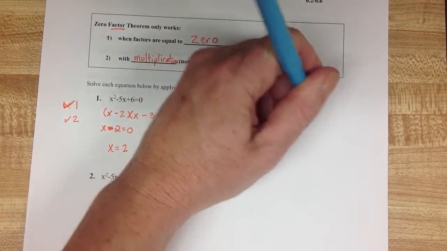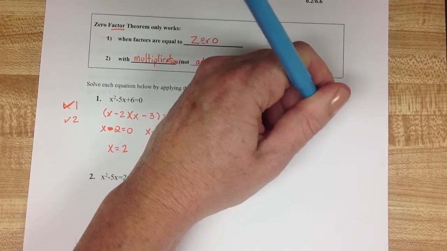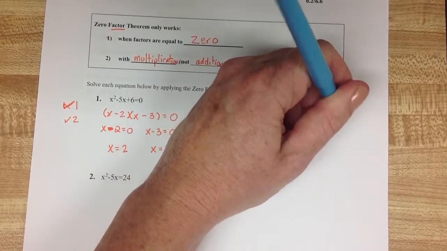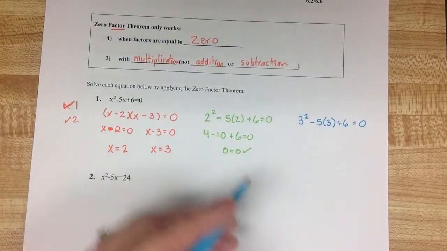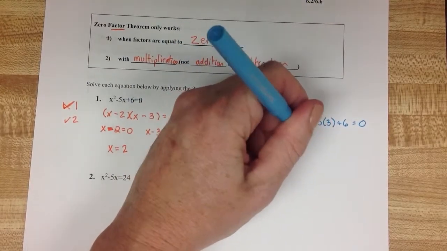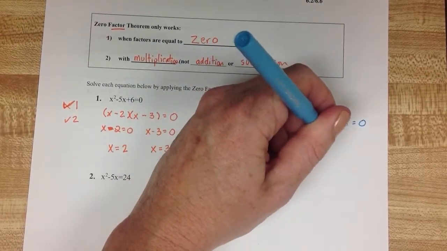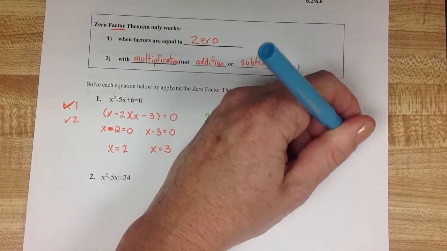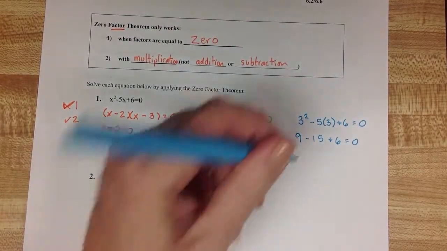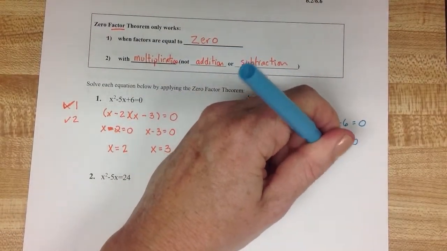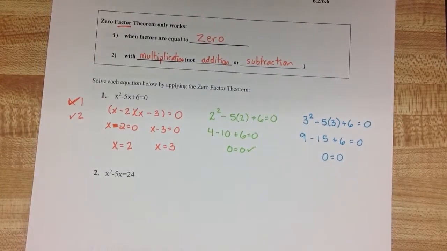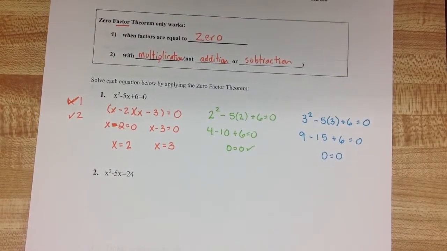If I take 3 and square it and subtract 5 times 3 and then add 6, I get 9 minus 15 plus 6 equals 0, and it's true. 9 minus 15 plus 6 does equal 0.